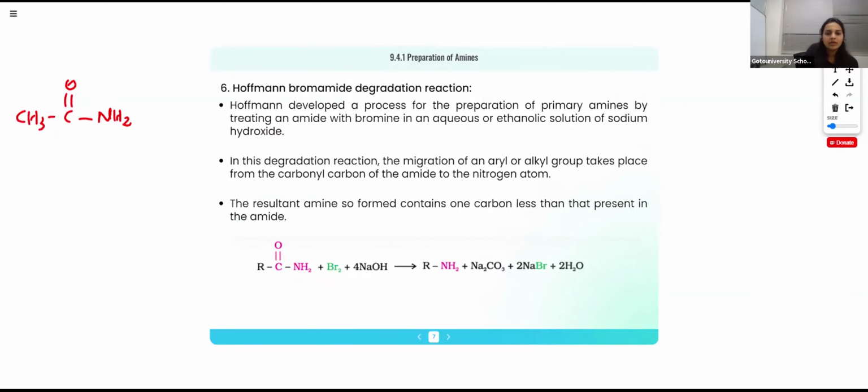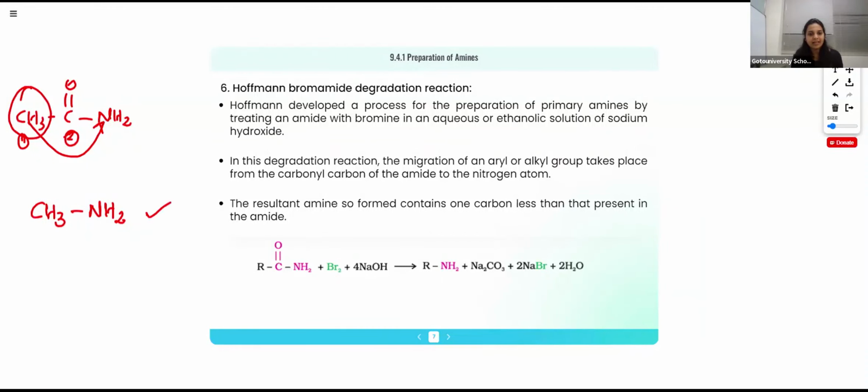In this compound, how many carbon atoms are there? 1, 2. After the reaction, the CH3 group will migrate to this nitrogen, and the product you are getting is CH3NH2. This is the product you are getting from the reaction.